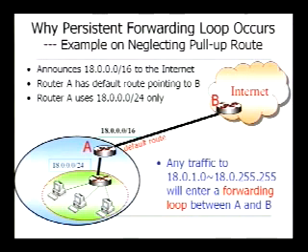This example shows that misconfigurations of pull-up routes will lead to persistent forwarding loops. Here on the left side, this is a network.